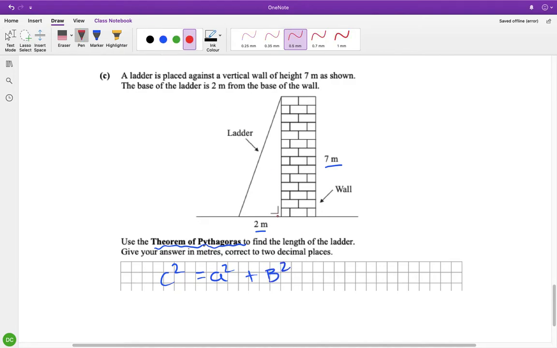Go to your triangle. Here's my right angle, which means across from that, that's my hypotenuse, and my hypotenuse is C. Here we have the opposite, which is A, and then down here we have the adjacent, which is B.